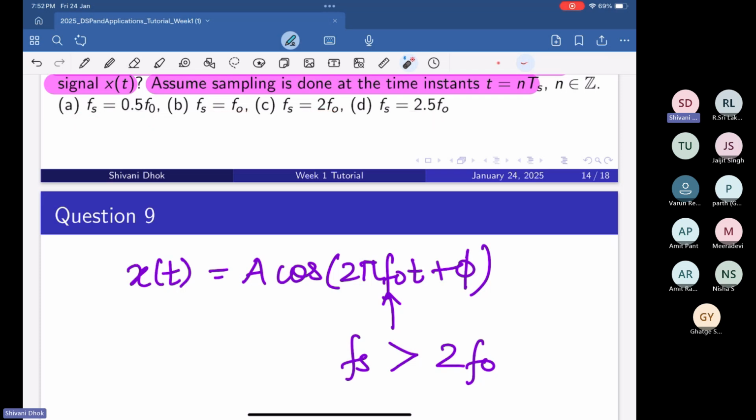The only value of Fs which is greater than 2 f naught is the last option, that is Fs equal to 2.5 f naught. Is it clear? This answer comes from the Nyquist sampling rate. Any questions?